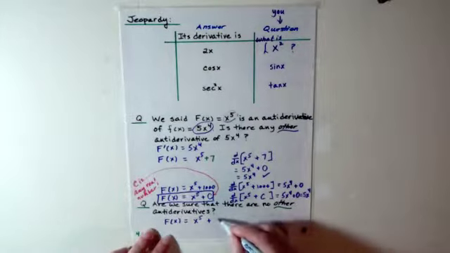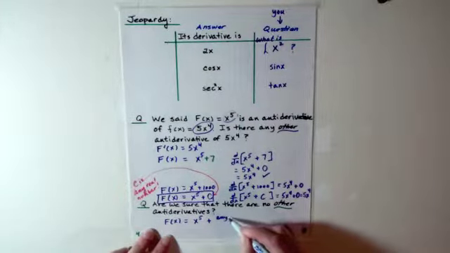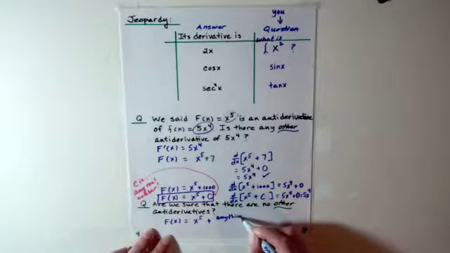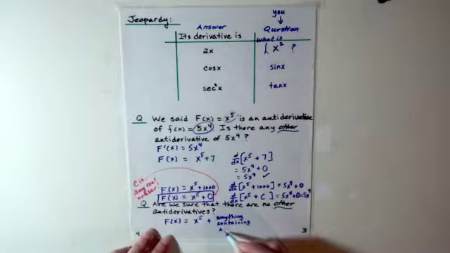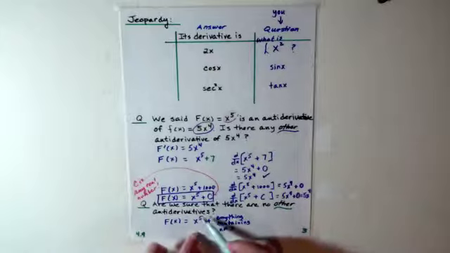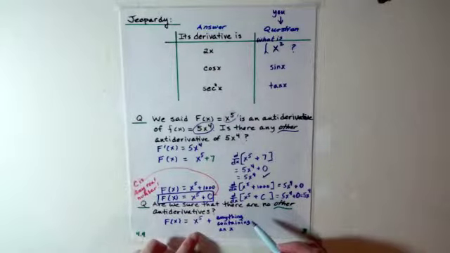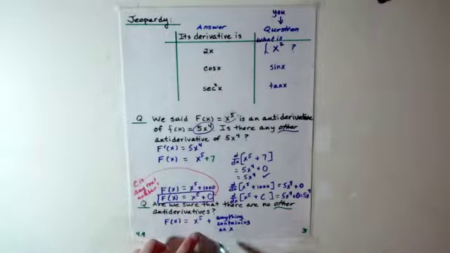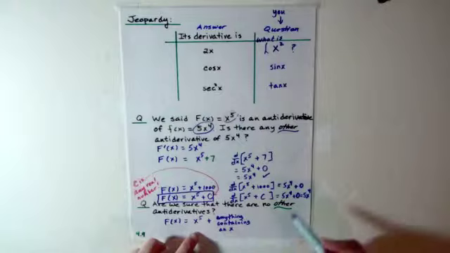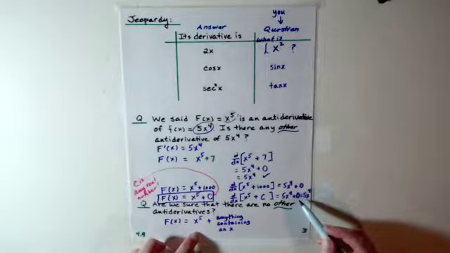If I added on anything containing an x, then I'd sort of be in trouble. Like if I tried x to the fifth plus x, for example. When I take the derivative of that second term that involves something that isn't just a constant, it's not going to drop out and give me 0 as it did with my constant.